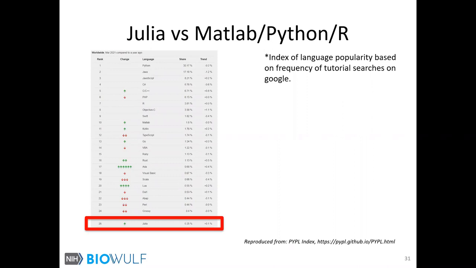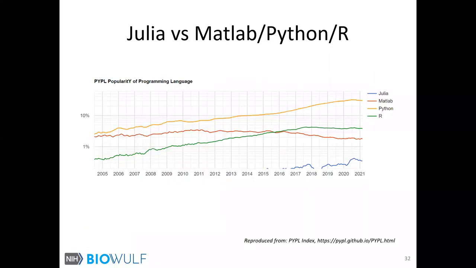And if we also look at the growth of that popularity using the same index, we can see how the popularity of those languages has evolved over time. In this case, since 2005.